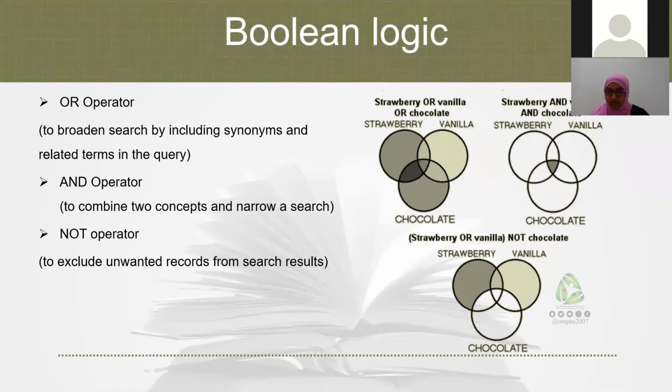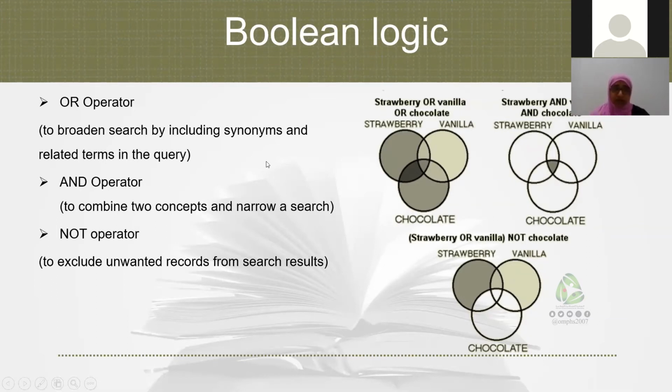But if you say, I want strawberry AND vanilla AND chocolate, it will only give you the combination of the three. So only the middle bit is highlighted. And then how we use NOT, say if you say, I want strawberry OR vanilla, but not chocolate at all. So anything that has chocolate will never appear in your search.